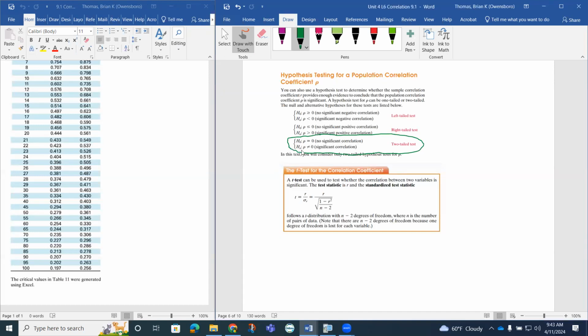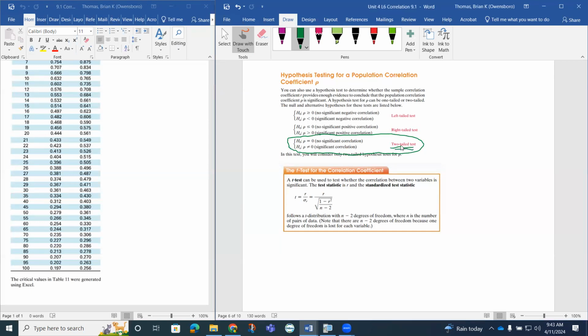And then the alternative hypothesis, rho is going to be not equal to 0. That means there's going to be a significant correlation. And since we're using not equal to 0, that tells us that we're actually going to be using a two-tailed test.